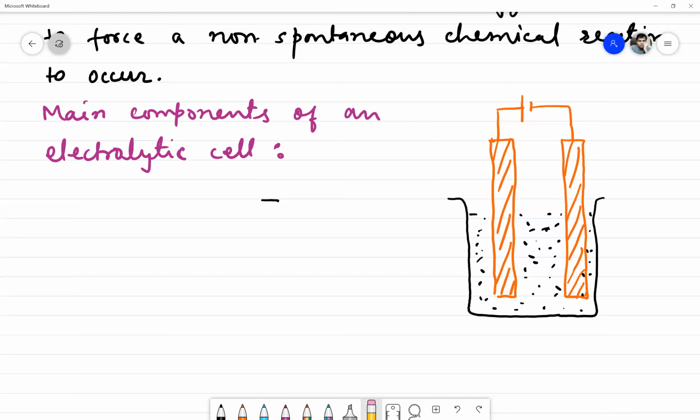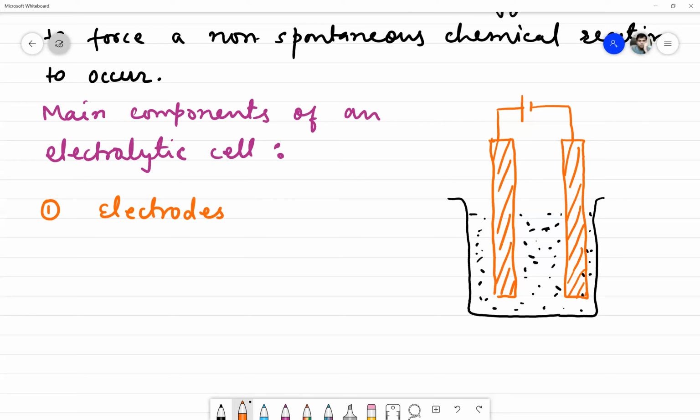The main component of this cell is two electrodes.